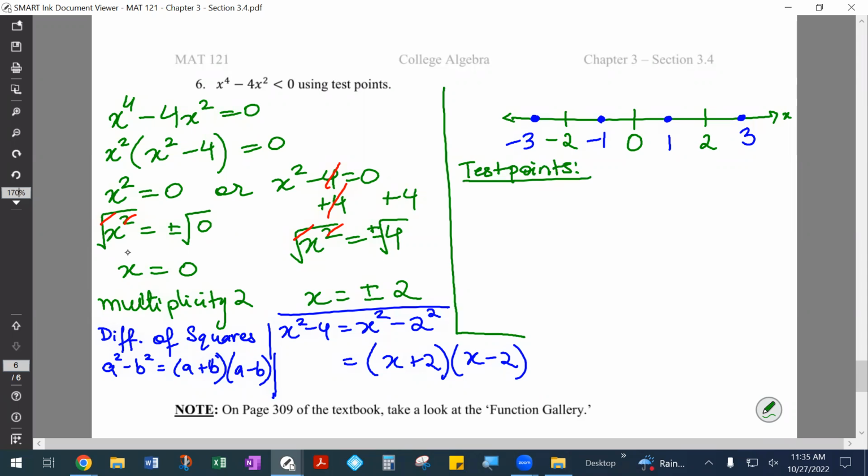This one will be x equals negative 3. So that would be negative 3 to the 4th power minus 4 times negative 3 squared. What will our y value come out looking like here?